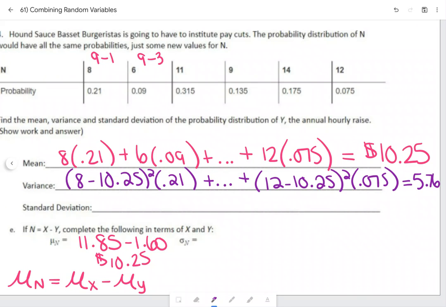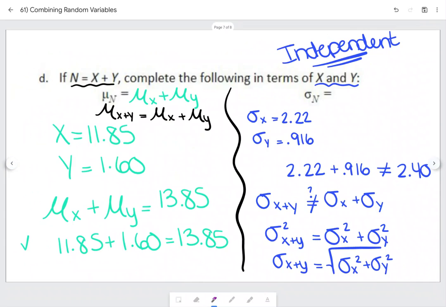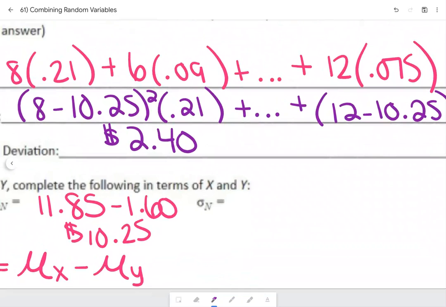And the standard deviation then would be about 2.40, which ended up being exactly what we calculated in the last problem. So if I go back here, I have the 5.76, the 2.40. So it got the same value. With standard deviation, we follow the same formula for adding or subtracting random variables.